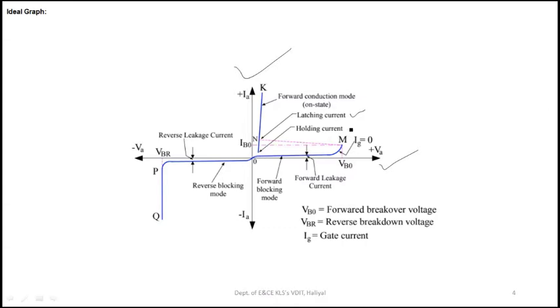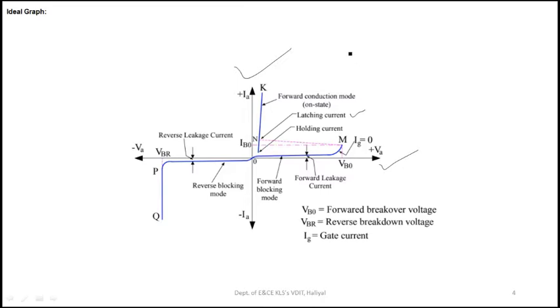If the forward anode current is reduced below the holding current, then a depletion region will develop, as we have seen in the power electronics part. In brief, the latching current is the minimum current that should be provided for the SCR to turn on, and the holding current is the current below which the SCR turns off.